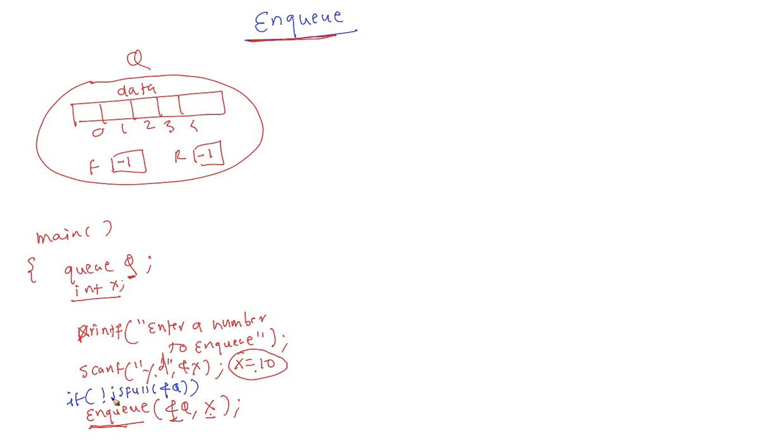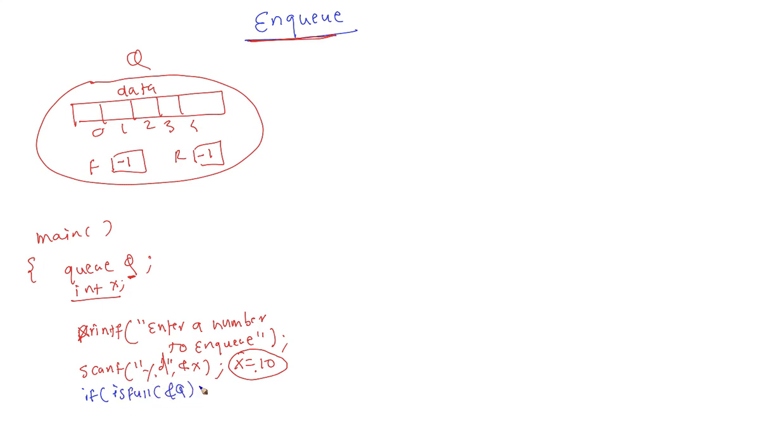Let me clear this confusion, it will create a confusion. So what I want to make sure is that I call NQ only when the queue is not full.